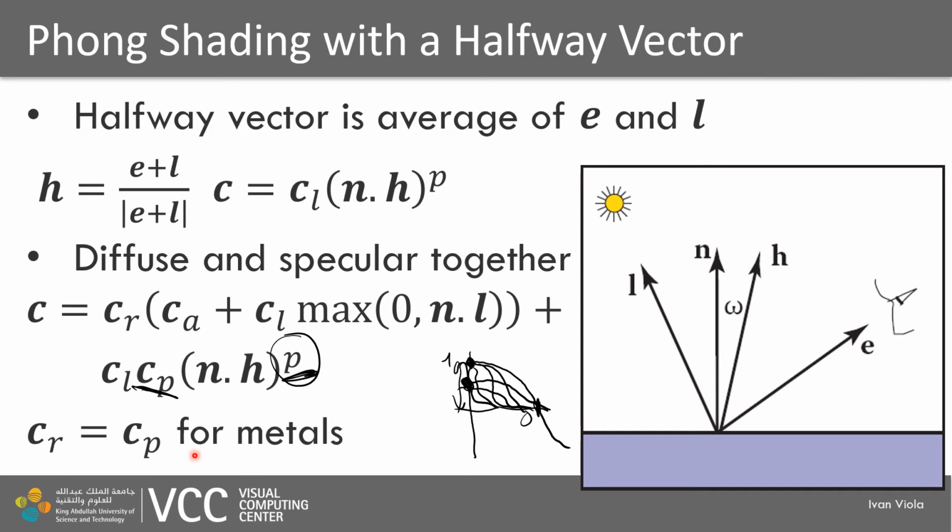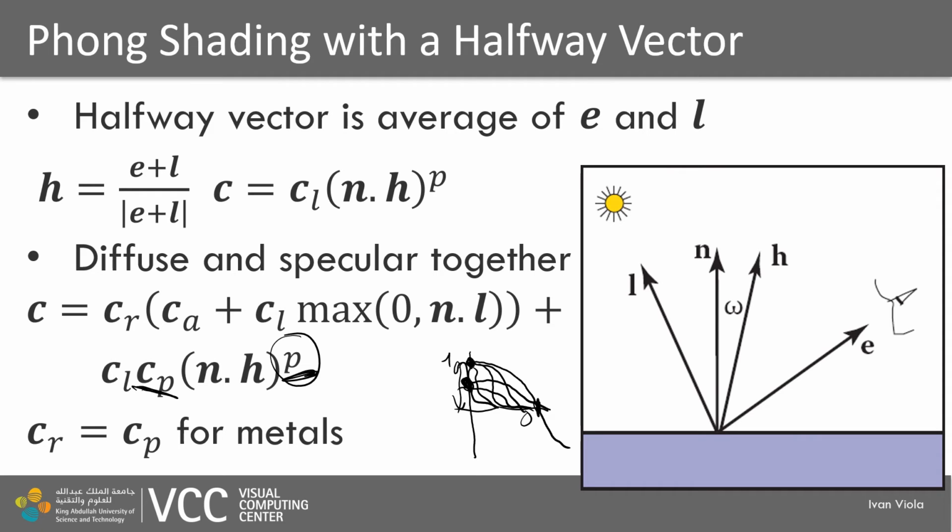However, for metals the situation is different, because those are in fact taking the color of the metal in the highlight. The highlight will contain the color of the material of the object.